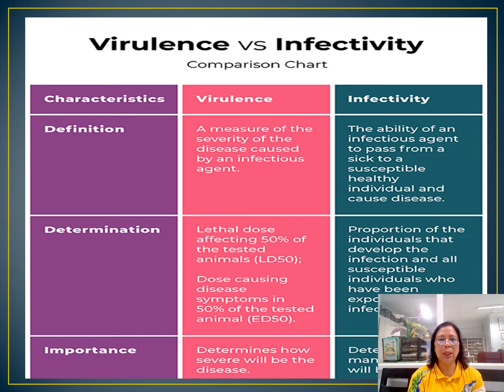Now you have determination as one way to differentiate these two. In virulence, we are measuring the affected animal or host by LD50 or ED50. So it is measuring the dose causing the disease, that is for ED50, or the dose that is needed to kill the host.